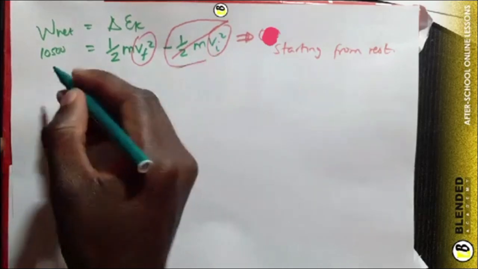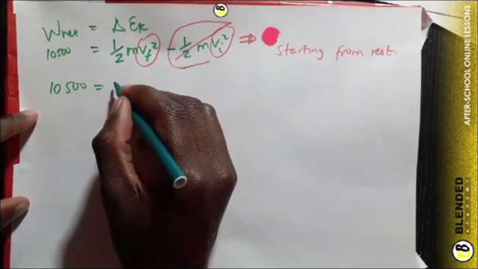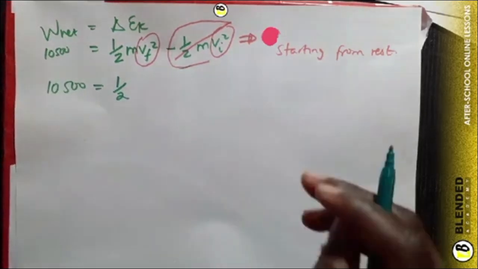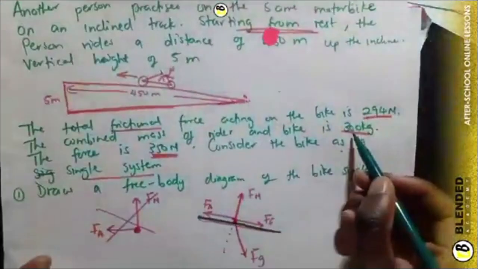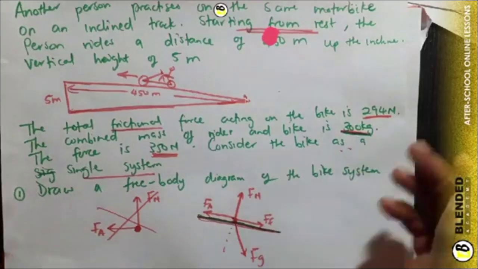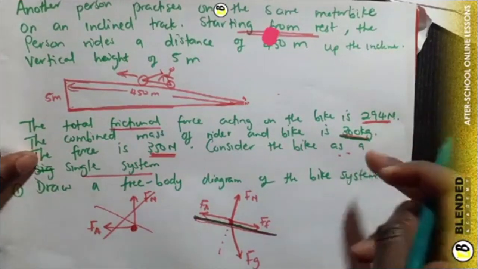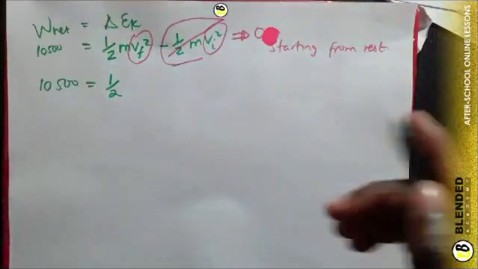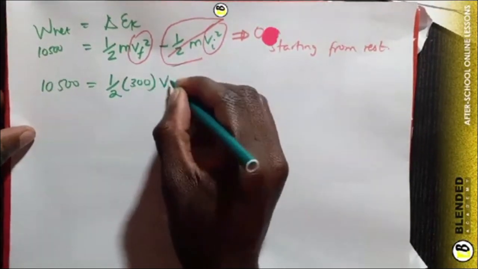Now we're going to be left with 10500 equals half, and we can put in the mass of the system, which was given as 300 kilograms. They're saying the mass of the bike and the rider is 300 kilograms. So 300 kilograms times vf squared.